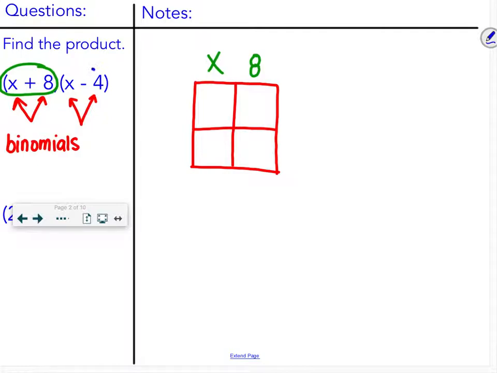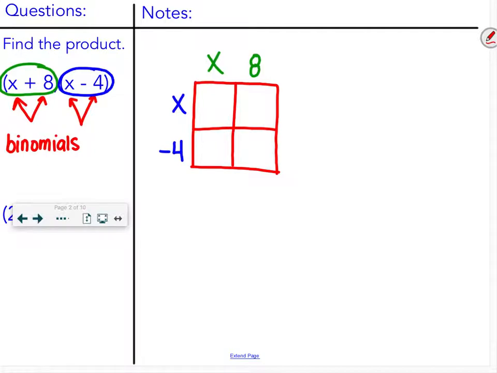Then I take the x minus 4 and put that one on the side: the x, and since it's a negative 4, we keep the negative with the 4. You can switch it around so that the x and the 8 are on the left-hand side and the x and the negative 4 are on the top. It won't change your answer.